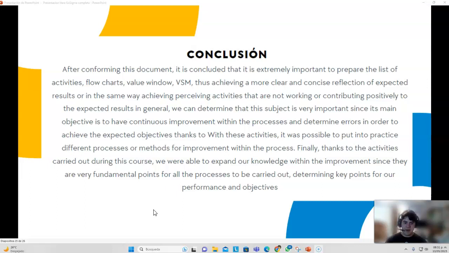And finally, thanks to the activities carried out during this course, we were able to expand our knowledge within improvement, since they are very fundamental points for all the process to be carried out. They're reminders of key points for our performance and objectives.